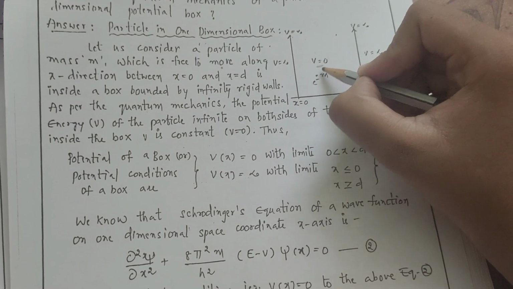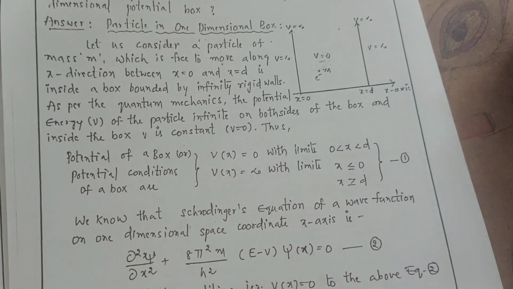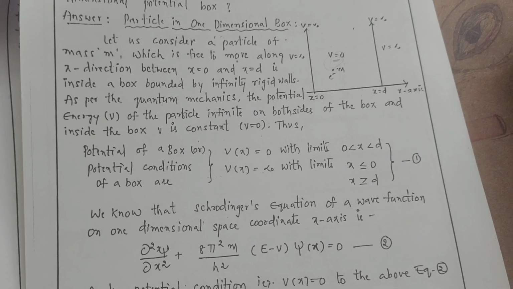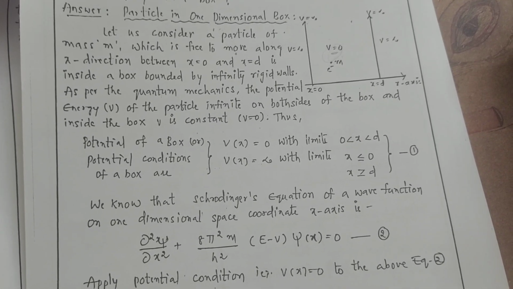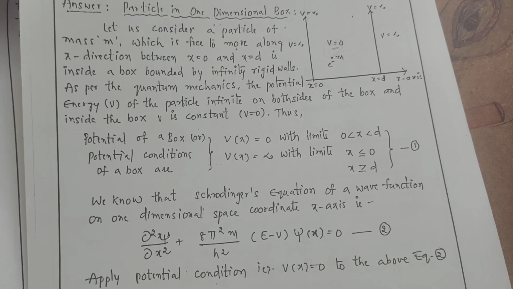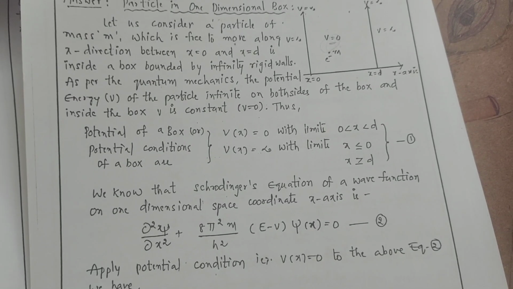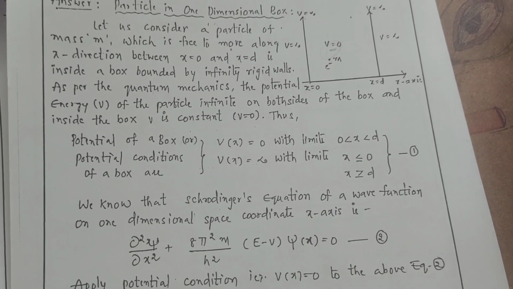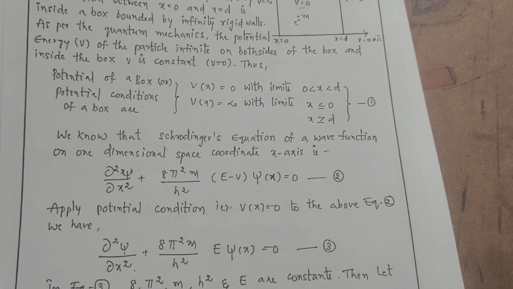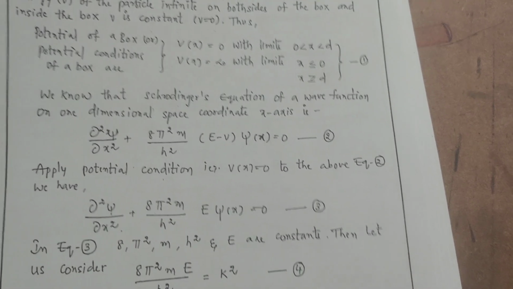Thus the potential conditions of the box are: V of x is equals to 0 when x is greater than 0 and less than d; V of x is infinity when x is less than or equal to 0 and greater than or equal to d. Let us take it as equation number 1.